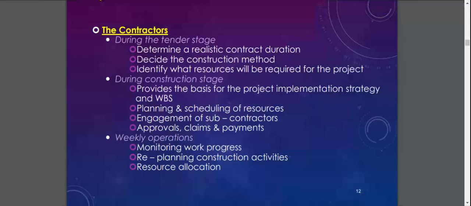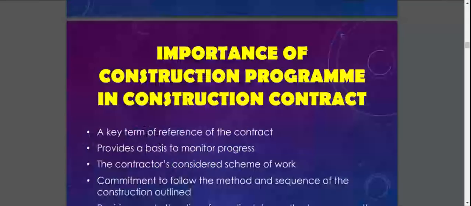The main contractor must ensure that the subcontractors perform their works. The contractor must also monitor work progress, replan construction activities when needed, and do the resource allocation in terms of the material required for the project.